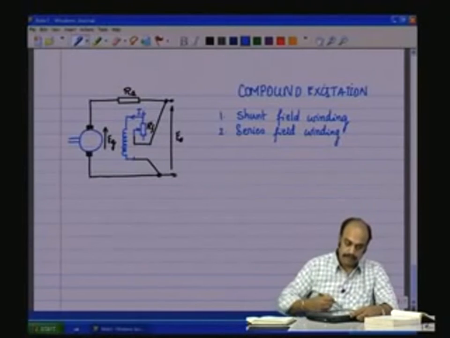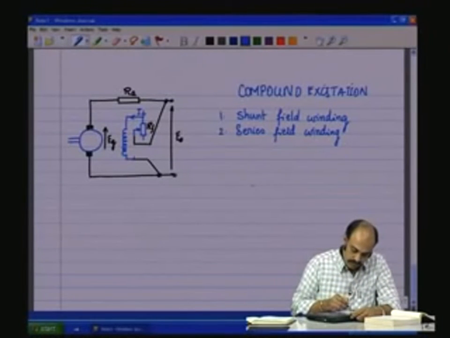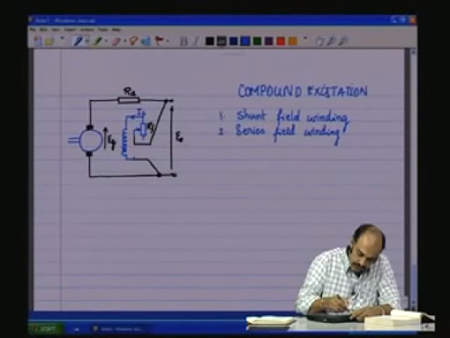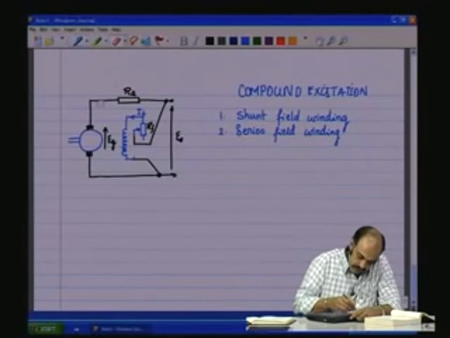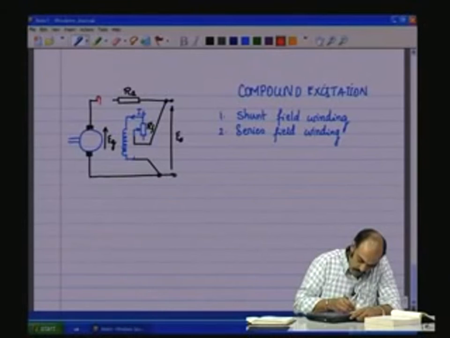The idea is very simple. That is, we have this which is connected across the generated EMF, and there is also a series winding. Let us introduce a series winding, as shown here.